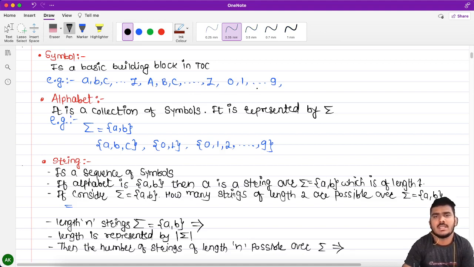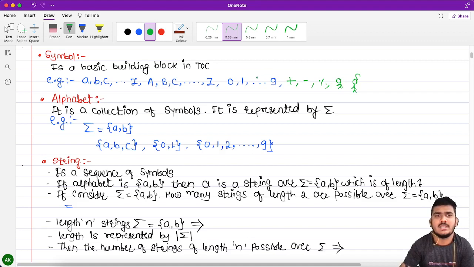Then numbers like 0 to 9 also belong to the category of symbols. Then we can also include signs like plus, minus, division, or any other thing, like suppose this is the man and this is the woman, that is also a symbol we can consider.